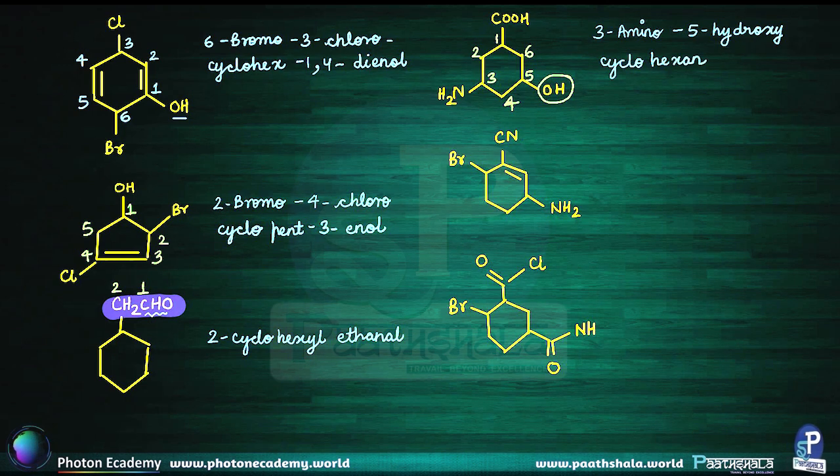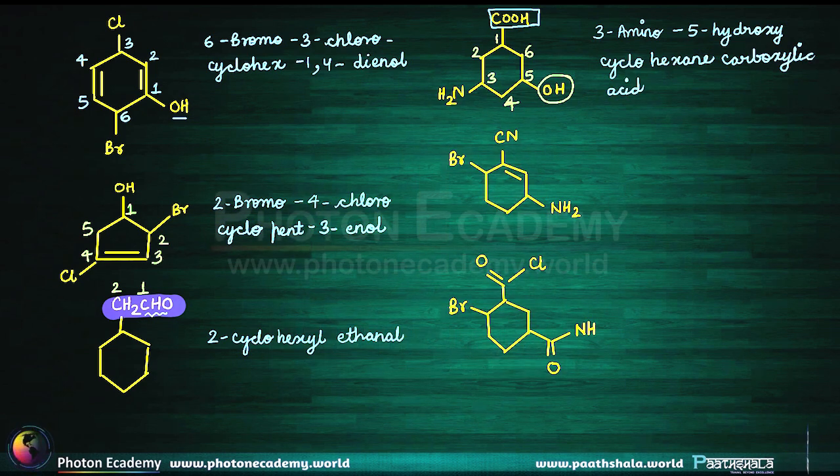Notice that we have not numbered this C in the chain, and therefore we are writing it as carboxylic acid. Now we are mentioning the whole carboxylic acid. In the rest of the COOH cases, we were writing oic acid because we were including the C double bond O carbon in the chain.